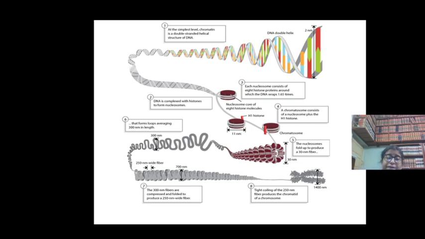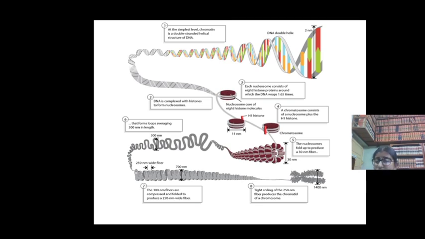From the 300 nanometer loops, it is compressed and folded to produce a 250 nanometer wide fiber, and the last coiling is the tight coiling of the 250 nanometer fiber which produces the chromatid of a chromosome, and that is what you see actually, the chromatids.